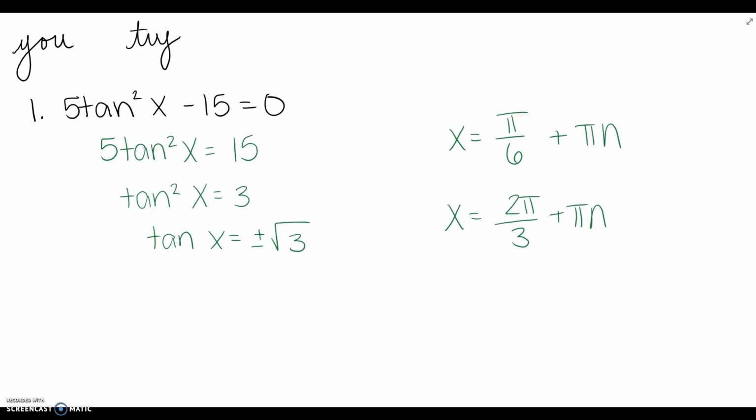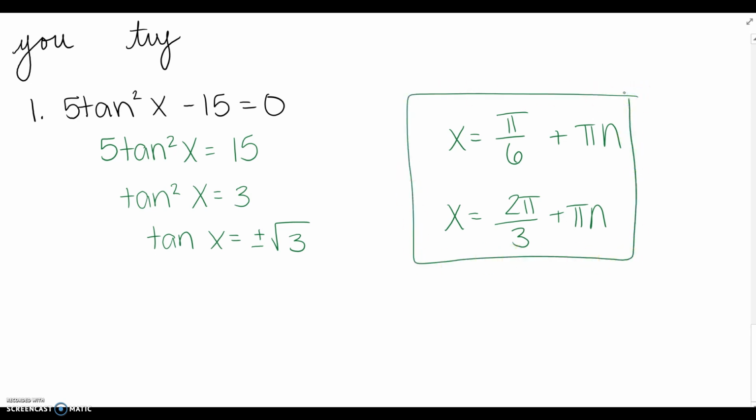Okay, so hopefully you just finished with your groups, and you got the two answers, pi over 6 plus pi times n, and 2 pi over 3 plus pi times n. So our reasoning, we rearrange, get tangent of x equals, and then we need to think, when on the unit circle is tangent equal to either positive root 3 or negative root 3?